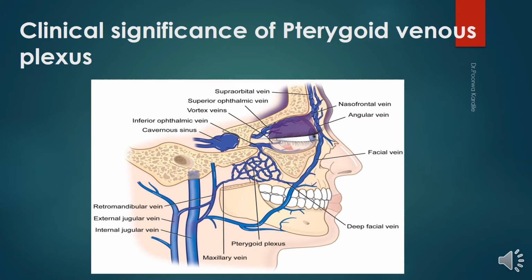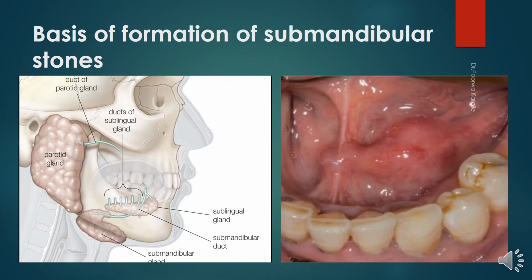So it has potential to spread dental infection. It can be penetrated when administering a block injection of the posterior superior alveolar nerve, resulting in hematoma. So this is the clinical significance of the pterygoid venous plexus.